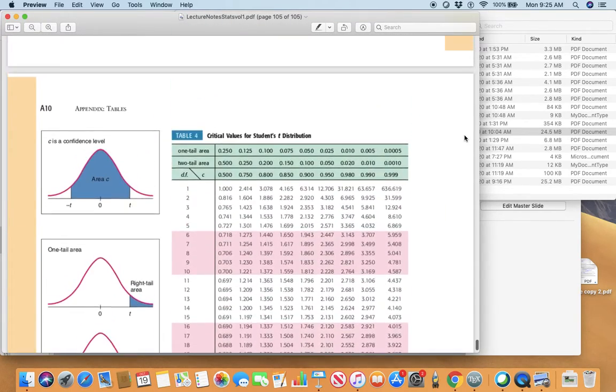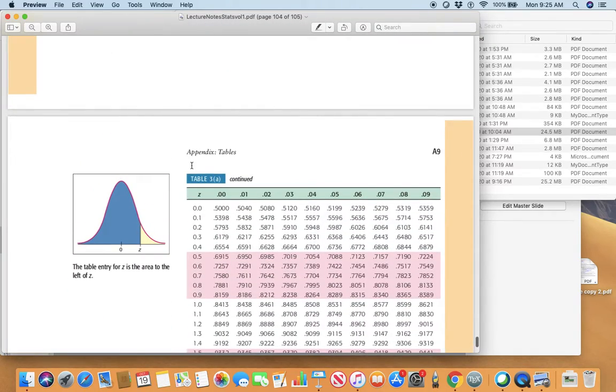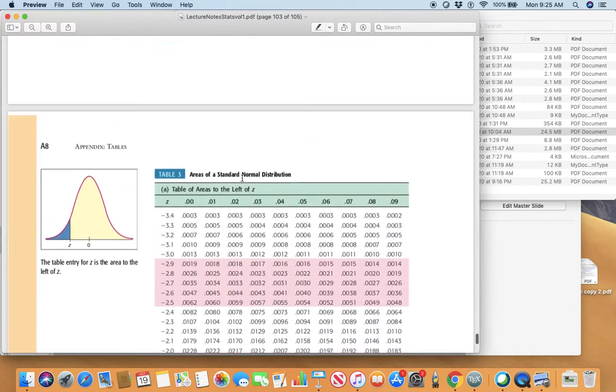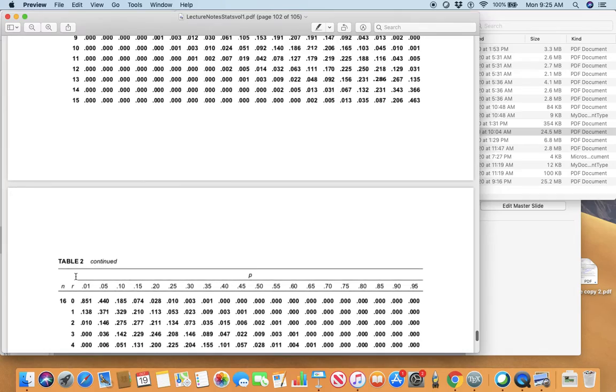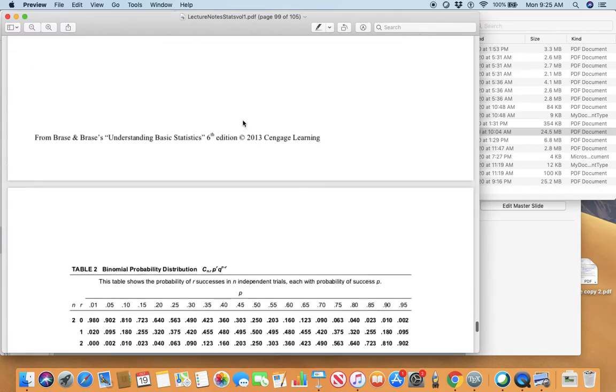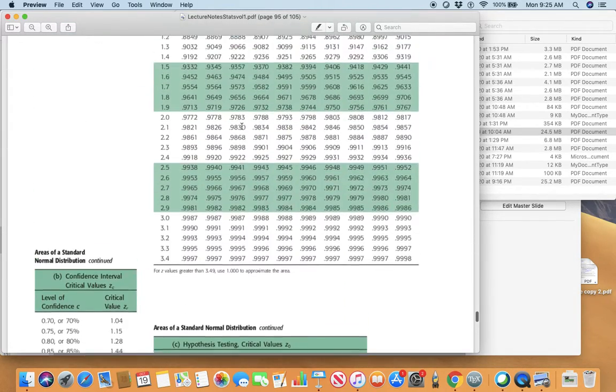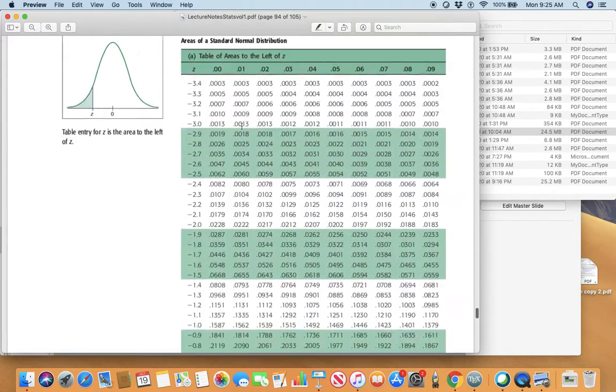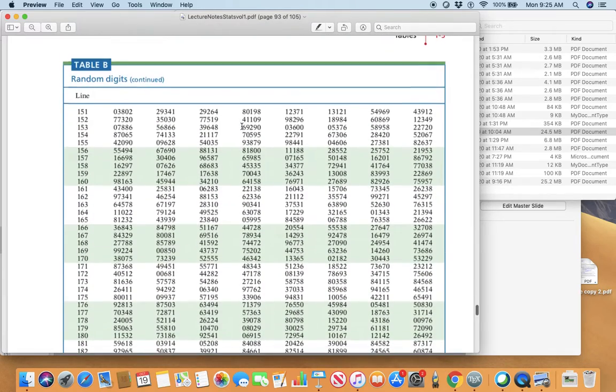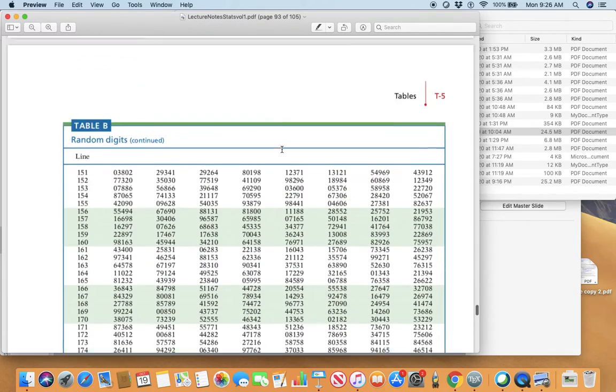Okay, so you will find table 3, table 2, formula sheet. This is something else. Here is table 1, random digits.